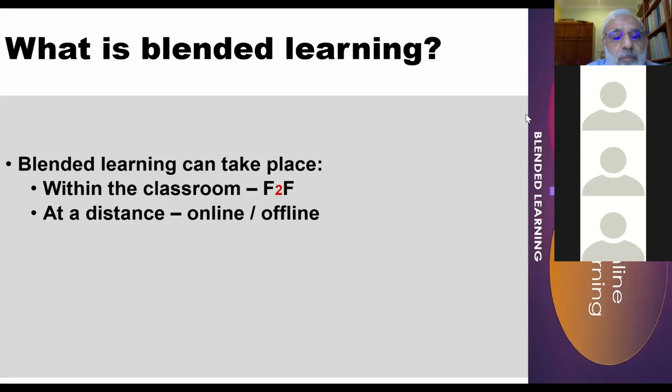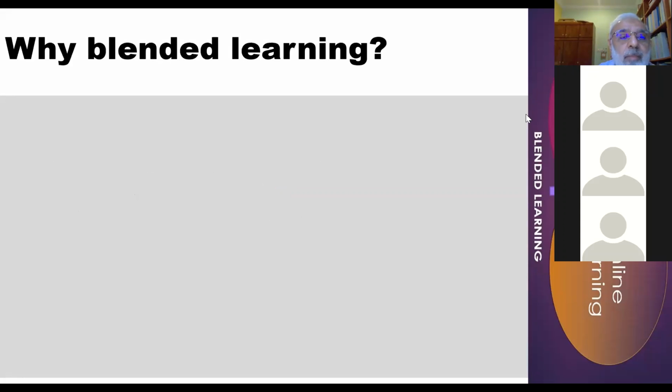Or it can be at a distance, for example, online. So in short, the concept of blended learning is traditional learning plus digital experiences, in the classroom or online at a distance.